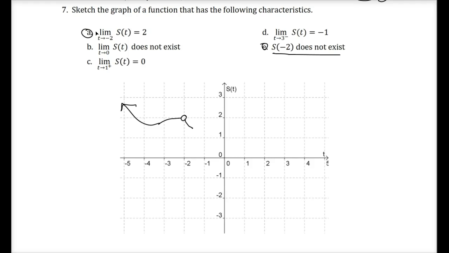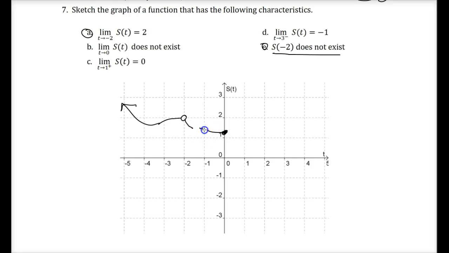So to put that plainly on how you need to draw this, I would suggest that for part B, you either A, draw a jump discontinuity at t equals 0, or B, draw a vertical asymptote at t equals 0. I am going to choose to draw a jump discontinuity just because I think that would be a little bit easier for me to do, okay? So what I'm going to do here is kind of draw something like this, and I'm going to do a closed circle here.